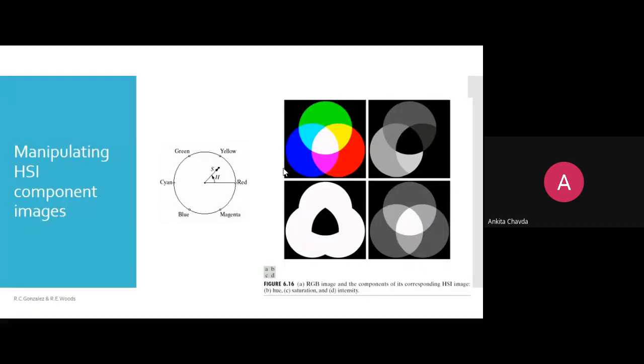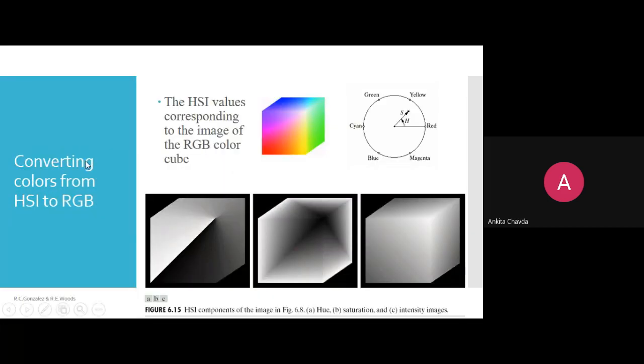So I have shortened this topic, converting colors from HSI to RGB. How they are calculating these HSI values corresponds to the image of the RGB color cube. In the RGB color cube, we have to take the reference of the red axis. Where is the red color in this cube? Here. So here they take this line, this axis from this point to the white color point.